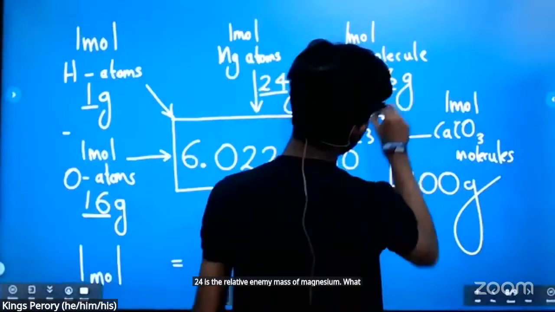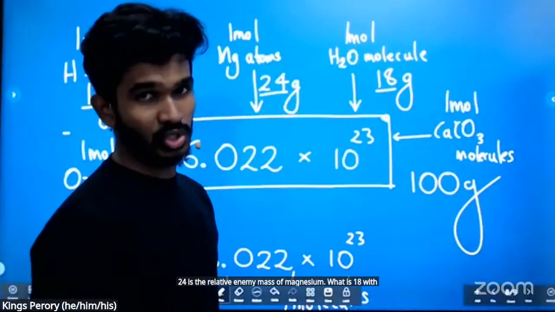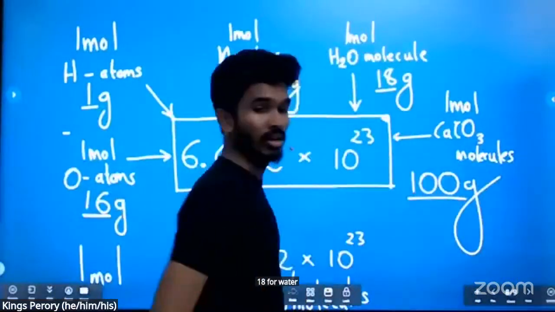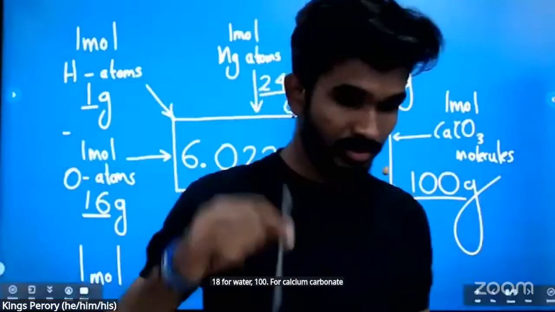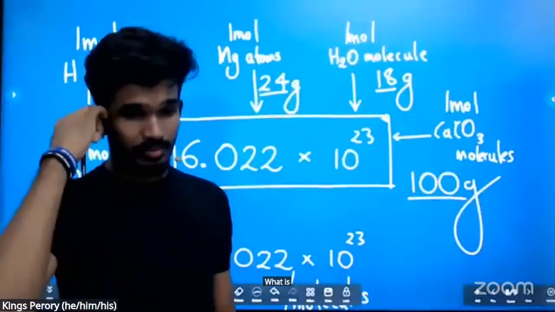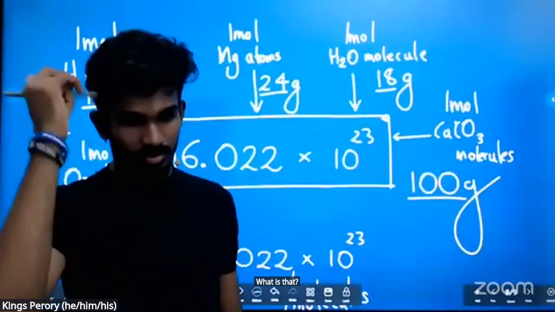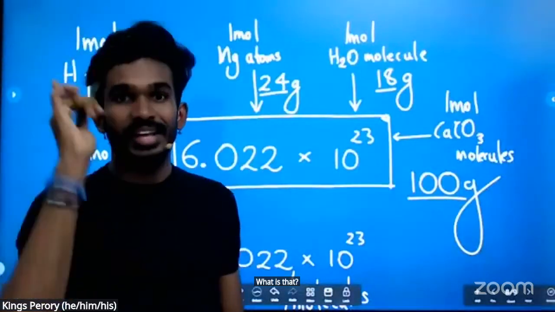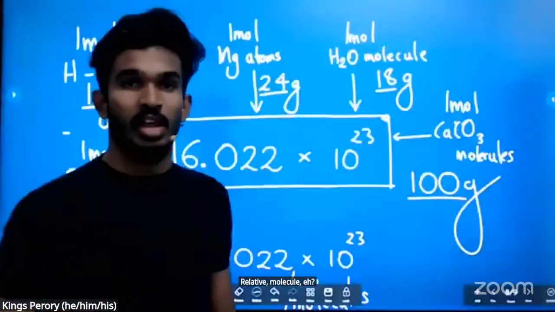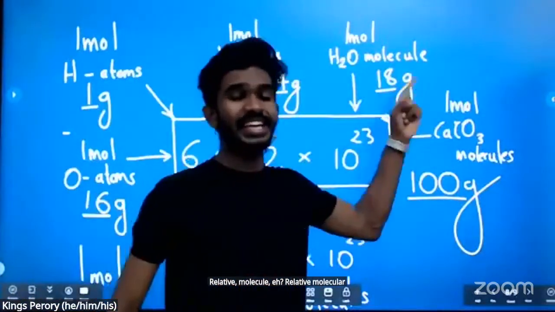What is 18? With experience, you should have done questions. 18 for water, 100 for calcium carbonate. What is that? Relative molecular mass. Relative molecular mass of water is 18.